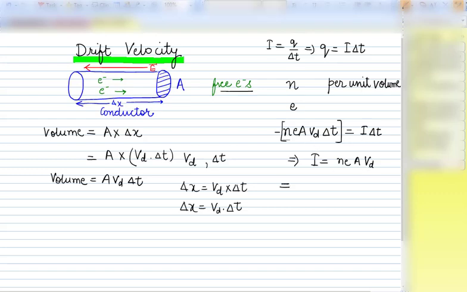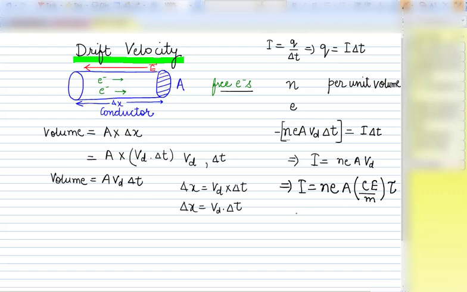If we compare these two, we have the current as n e A Vd. Now we simply substitute the value of drift velocity, as we have just calculated it: e E upon m, multiplied with the relaxation time, the time between two successive collisions. Make a note that tau is the relaxation time between two successive collisions.